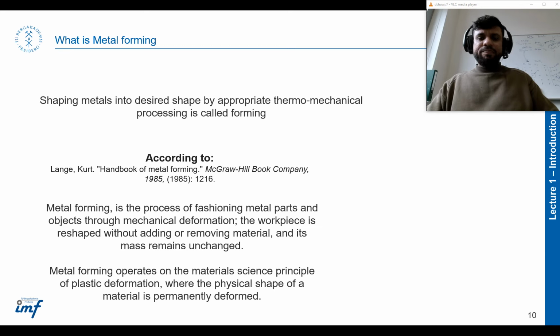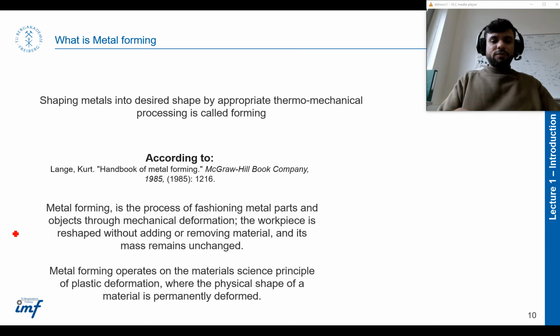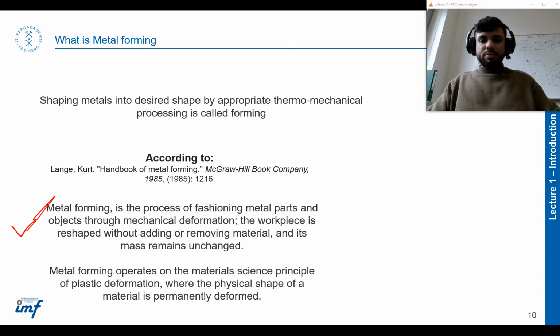Metal forming is basically a way of shaping metals, any metal, into a desired shape by appropriate thermomechanical processing, and that processing is called forming. That is a very basic or general definition. If we talk about a specific bookish definition, metal forming is the process of fashioning metal parts and objects through mechanical deformation.